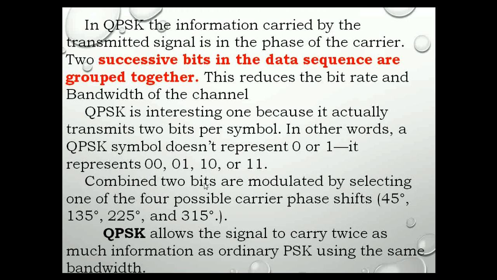The combined 2 bits are modulated by selecting one of the 4 possible carrier phase shifts, that's 45 degrees, 135 degrees, 225 degrees and 315 degrees. QPSK allows the signal to carry twice as much information as ordinary PSK using the same bandwidth.